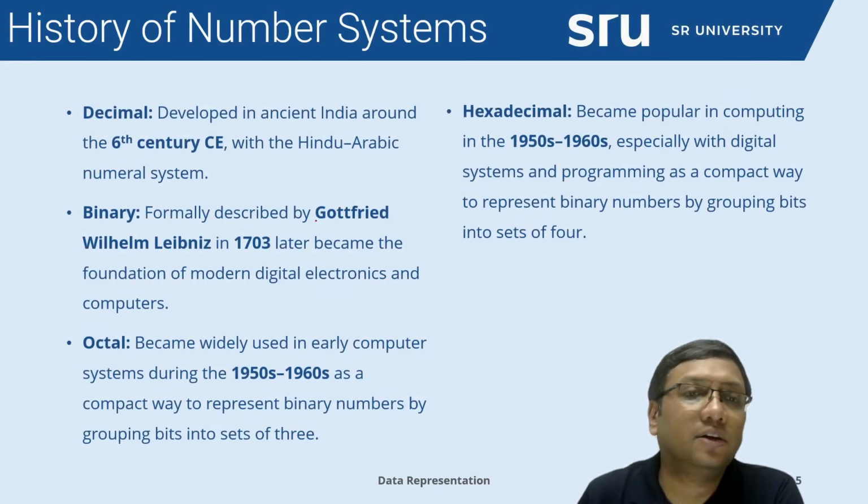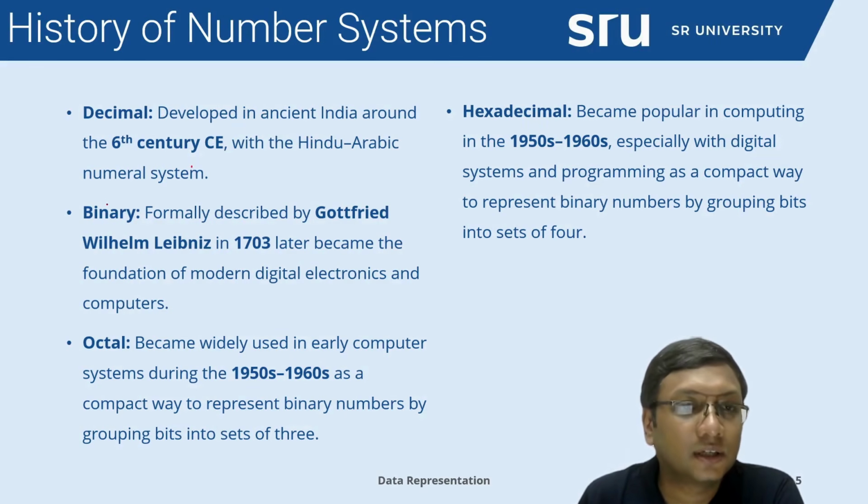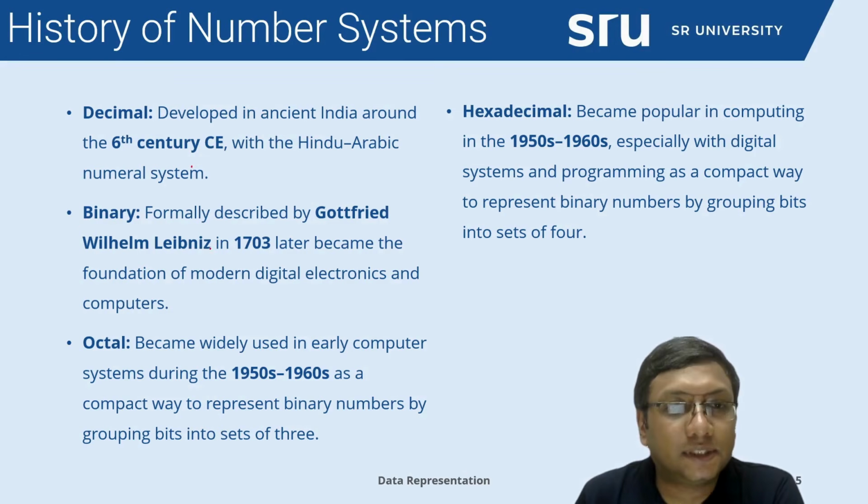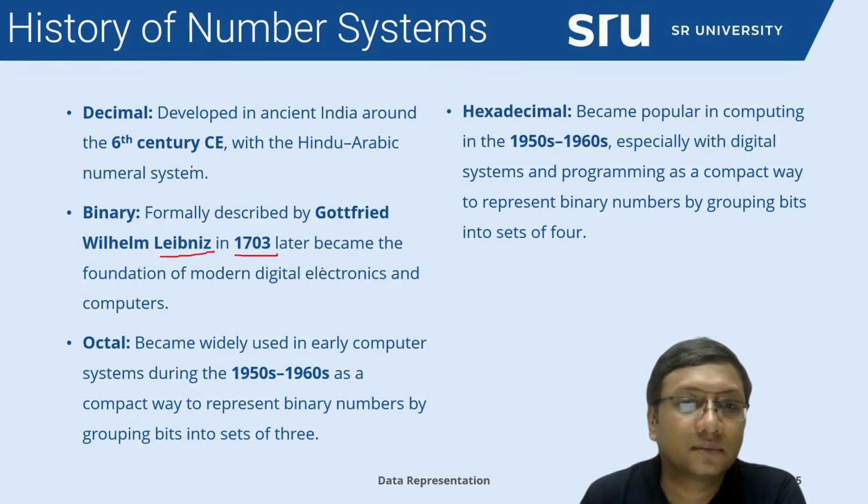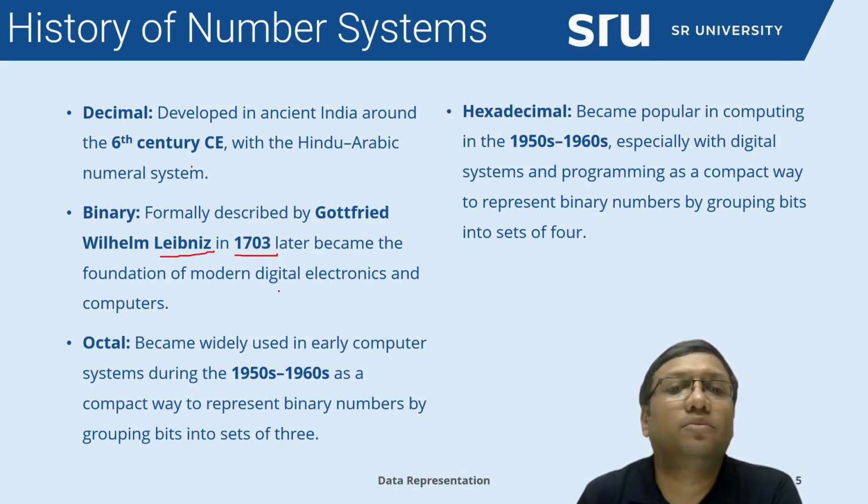The decimal number system began in ancient India around the 6th century CE. The binary number system, described by Leibniz in 1703, became the foundation of modern digital electronics and computers.